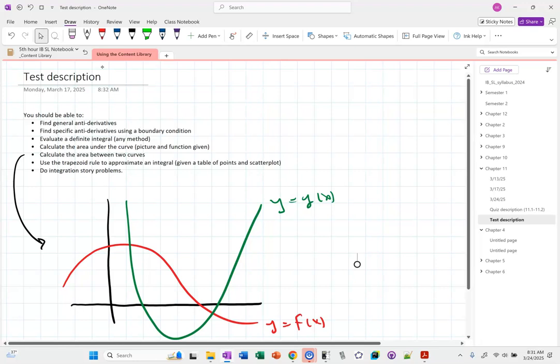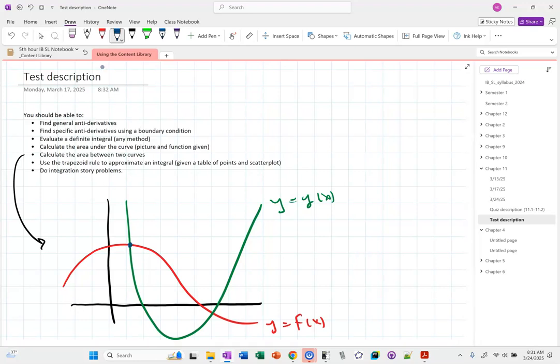Everybody's okay? So I got two curves. First thing I'm going to do is find the intersections of them. I'm going to call that intersection A and that intersection B. Everybody feel good there? And this spot here is what we're finding, right? The area between the two.